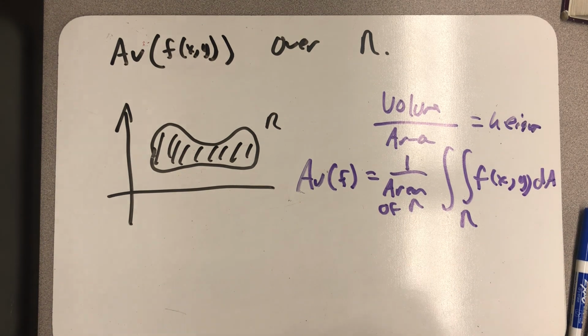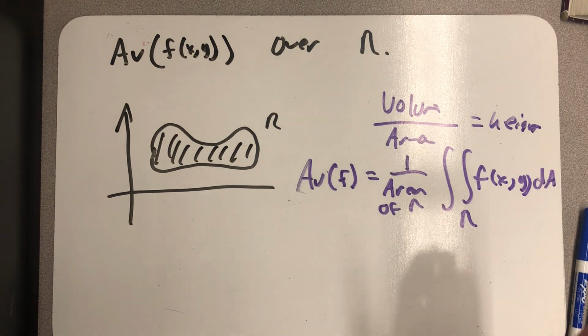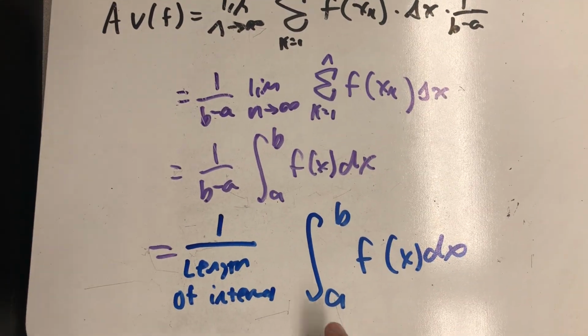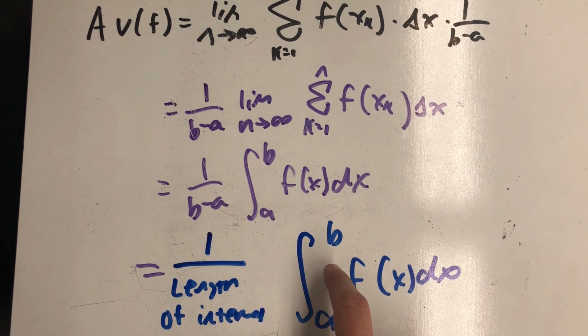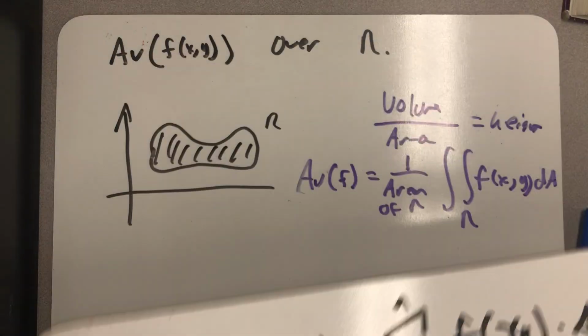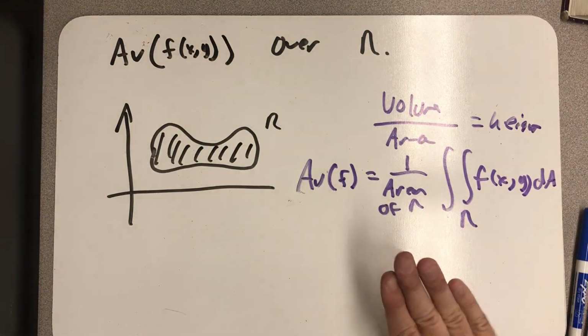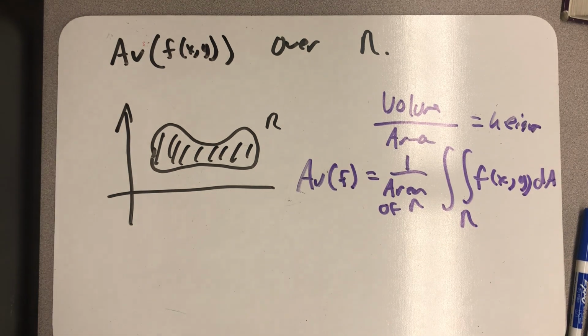Then instead of dividing by a length, we're dividing by an area. Well, that makes sense, right? The formula here, we're integrating over a length and we're dividing out the length. Here we're integrating over an area and we're dividing out the area. But let's make sure we can derive this using the same kind of logic.